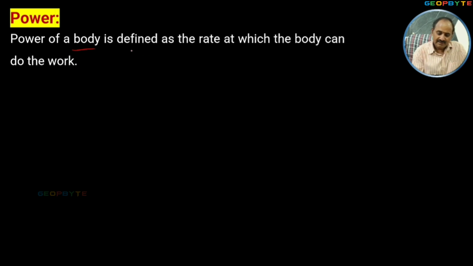Dear students, now look at the definition for power. Power of a body is defined as the rate at which the body can do the work. It means simply the rate of doing work is called power.